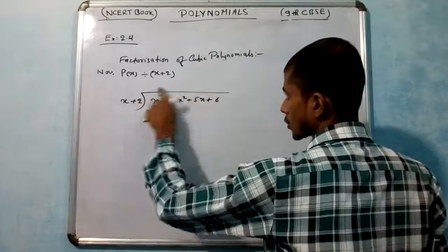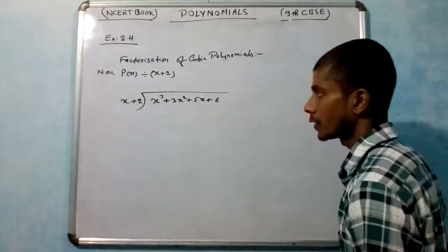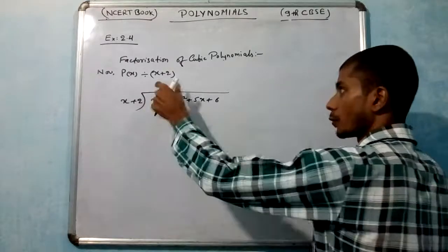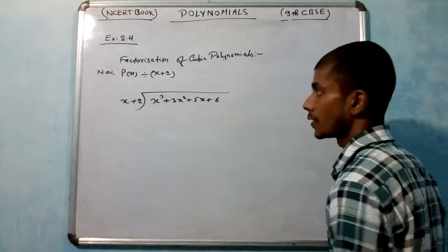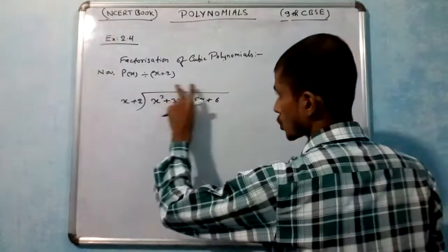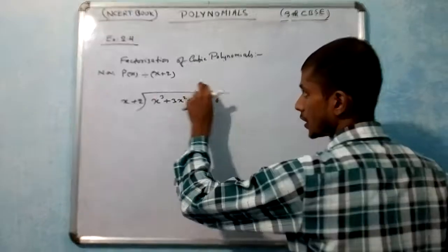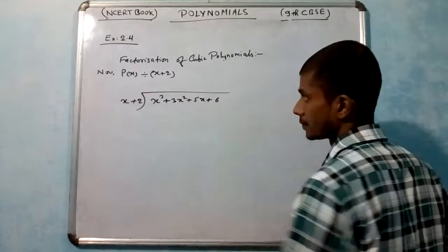And in the quotient, what will we get? A quadratic polynomial. That quadratic polynomial we will further break into linear polynomials. Okay, and the product of those two linear polynomials and this x plus 2 will be the product of three linear polynomials, the factorization of this p(x).